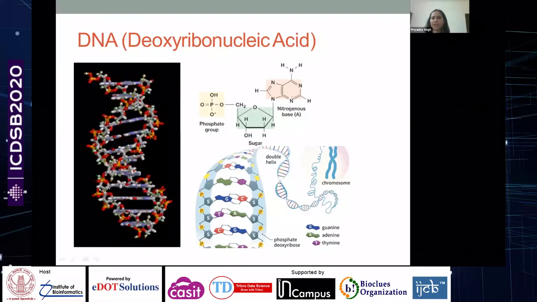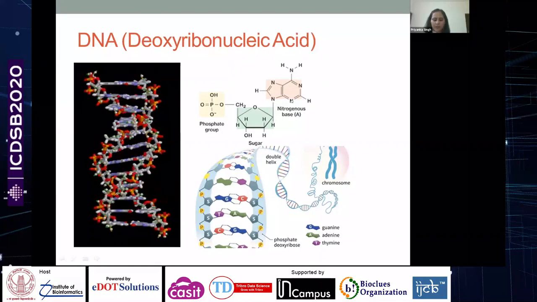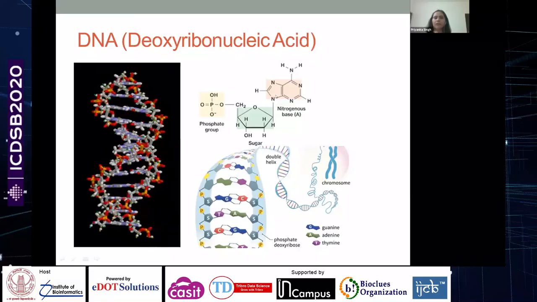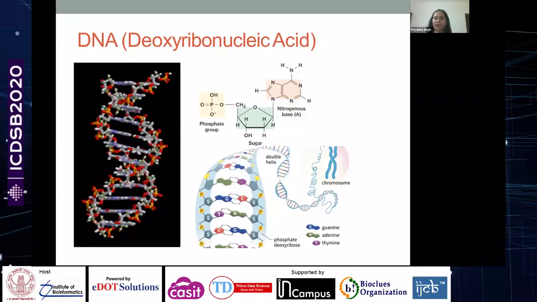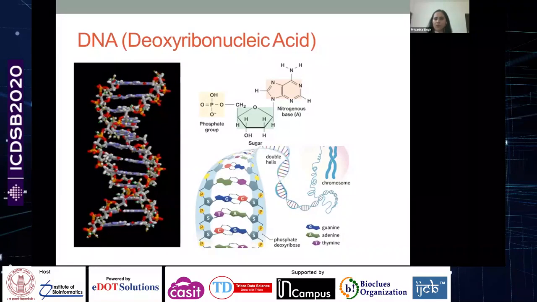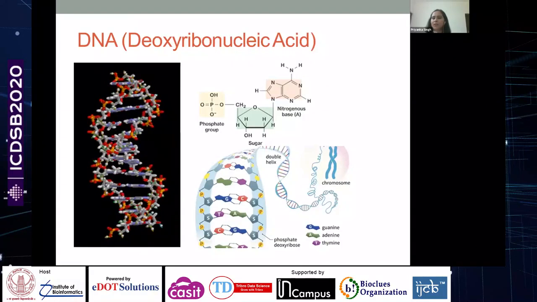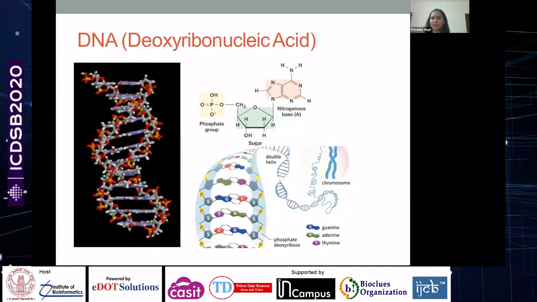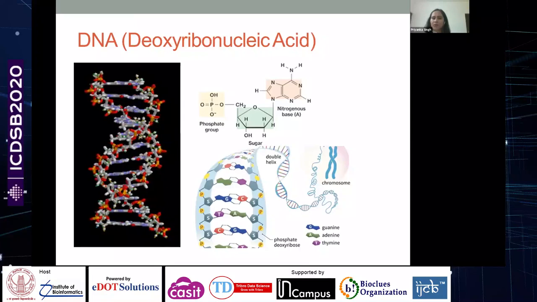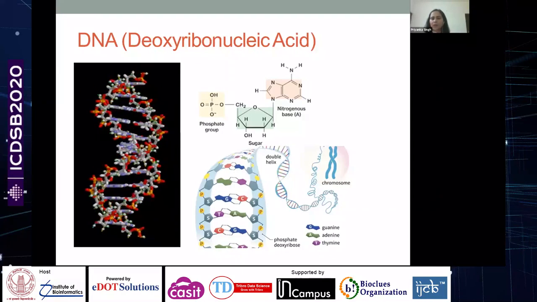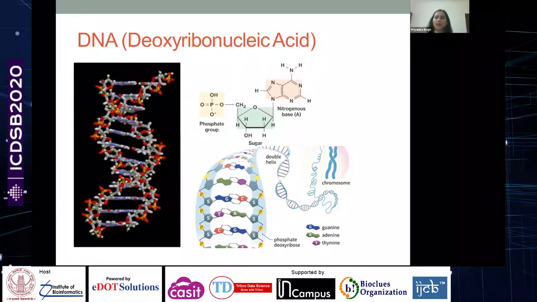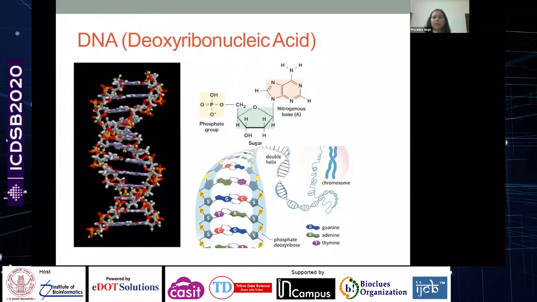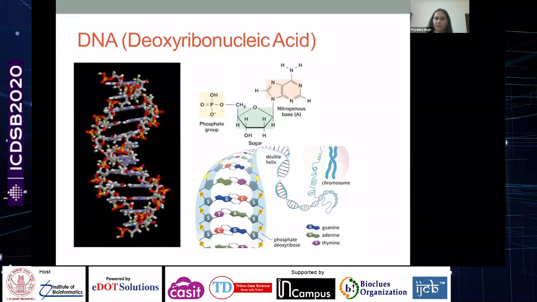If somebody has handled DNA or nucleic acid for that matter, they would remember that it absorbs light at 260 nanometers. This is mostly because of the nitrogenous bases present in the structure of the DNA that are responsible for that absorption. Now on the 5th carbon, there is a phosphate group.